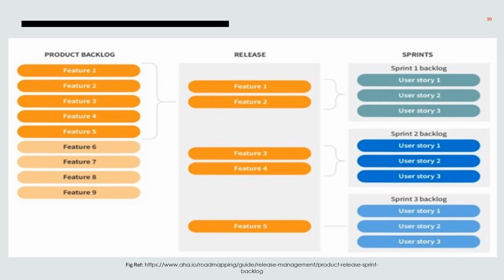First, what is the product backlog? It contains the features you want to implement but have not prioritized for release. The product backlog is owned by the product manager. And moving to release, it contains features that need to be implemented for a particular release.